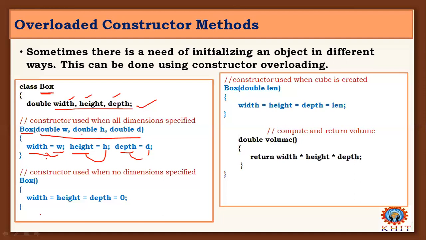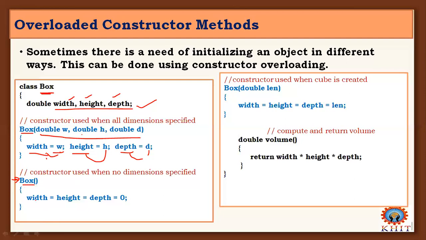Now coming to another type of constructor defined here. It has the same constructor name, Box, as the previous one, but here it is also considered a method in the class. The parameter list of this constructor is empty, a null parameter list.